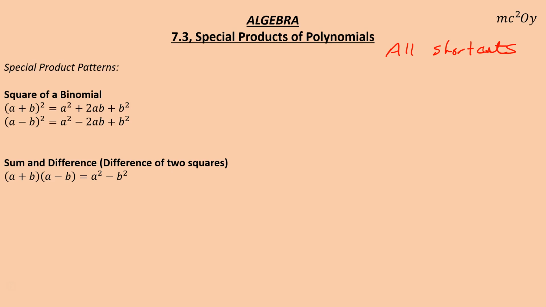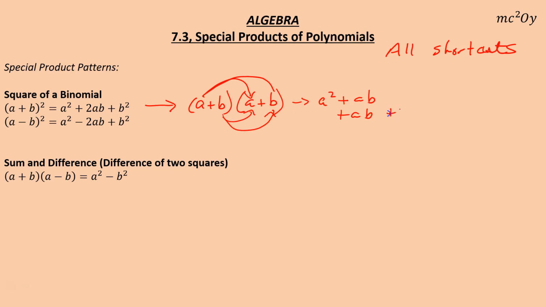All right, so the first special product is the square of a binomial. If you have a plus b quantity squared, that's equal to a squared plus 2ab plus b squared. Okay, that means you have a plus b times a plus b. So if you remember how to multiply this out, that's a squared plus ab plus ab plus b squared.